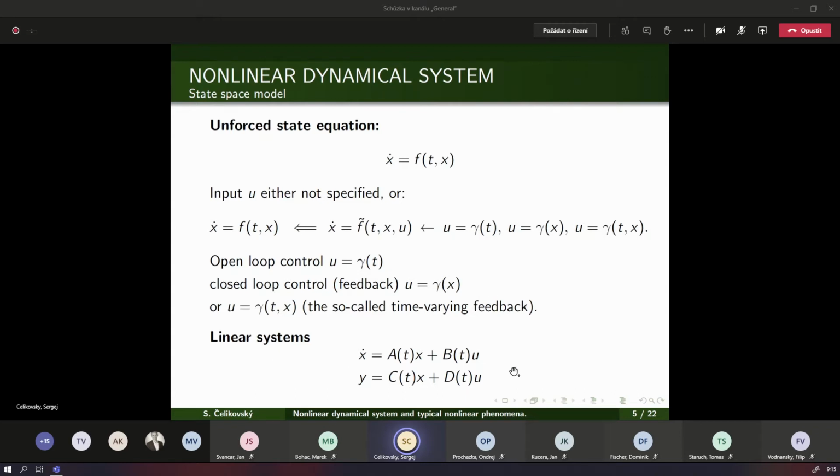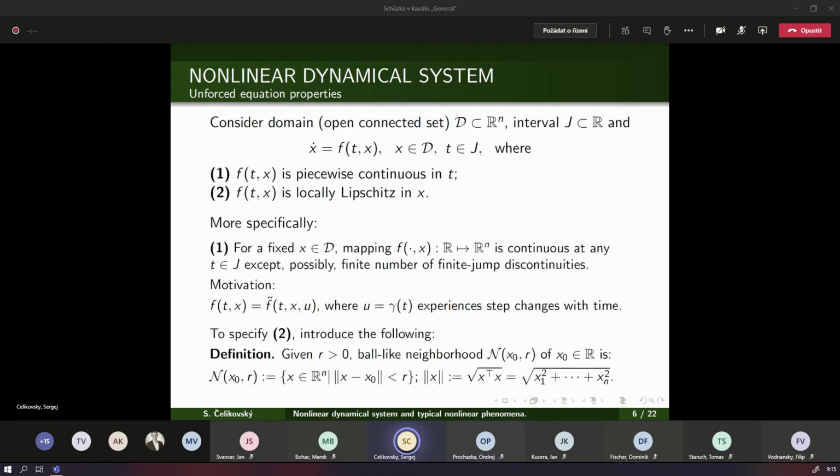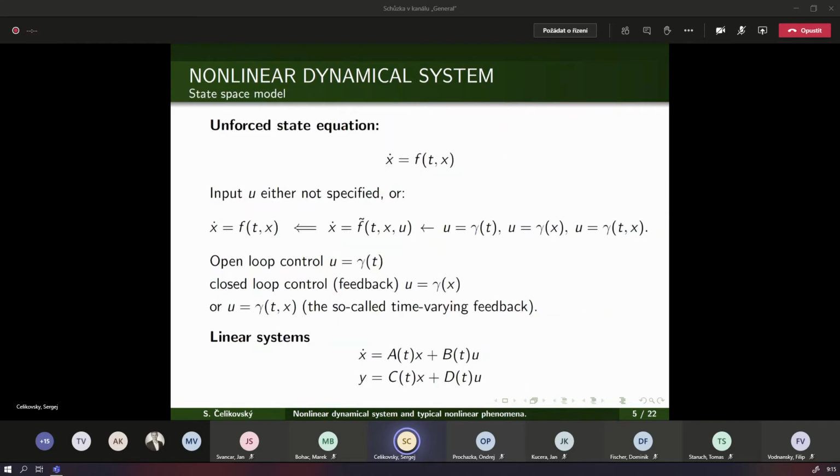are linear systems. What I show here is time-varying linear systems, so matrices A, B, C, D of some proper dimensions. I will not detail this. You can easily decide for yourself that A is an n by n matrix and B is perhaps n by m and so on.